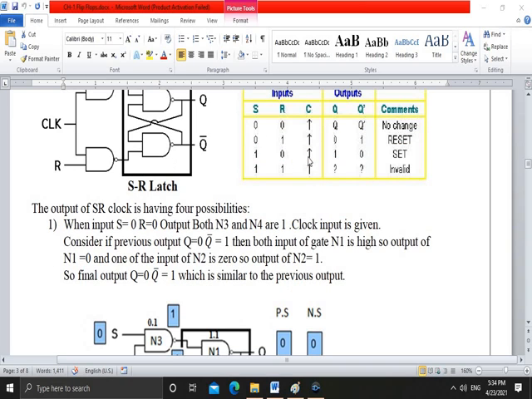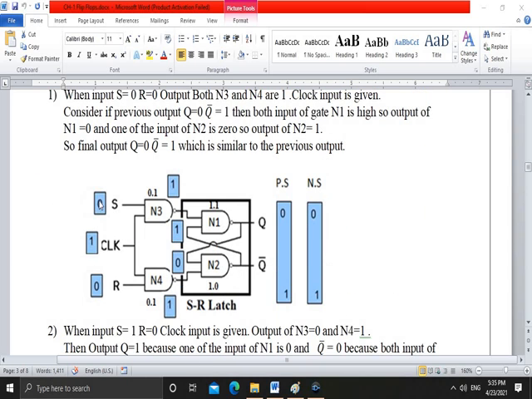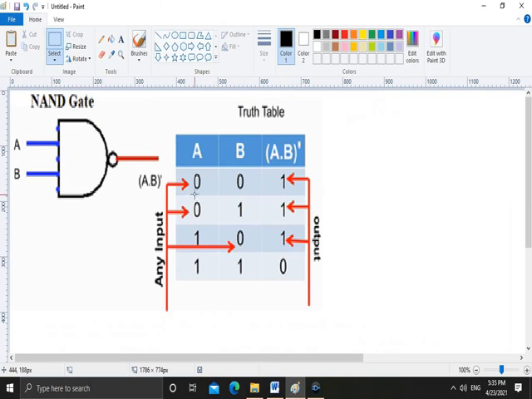First is S equal to 0 and R equal to 0. When S equal to 0, R equal to 0, in a NAND gate we have seen that if any one or both inputs are 0, then the output is 1.